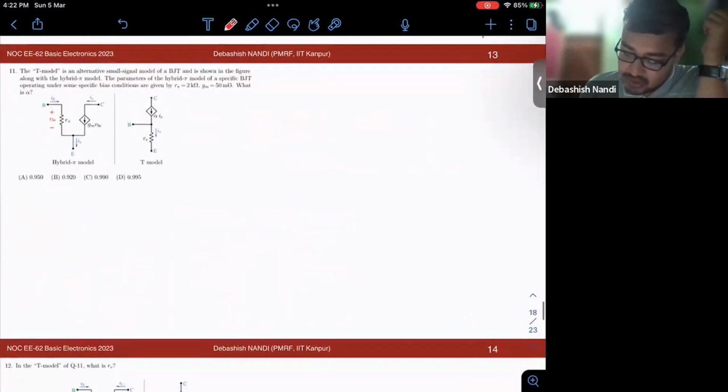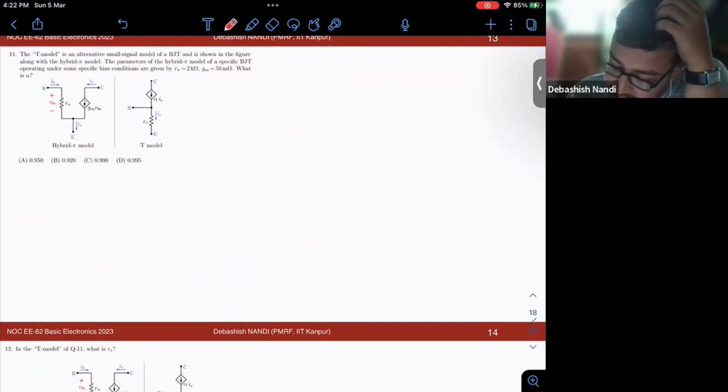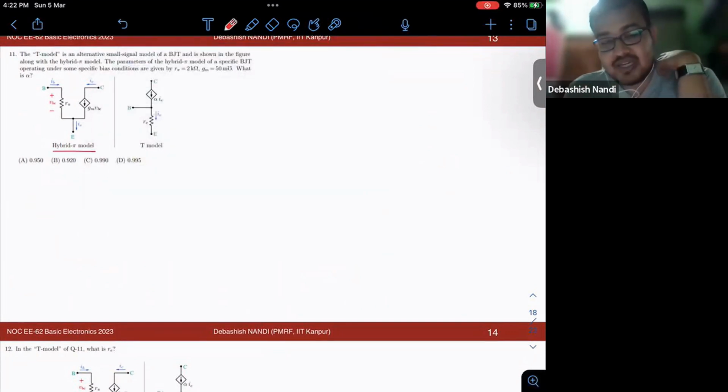So let's move on to the next problem. Okay, this is a new question. The T model is an alternative small signal model of a BJT, and it is shown in the figure, along with the hybrid pi model. I have forgotten to mention that this model, whatever we have been discussing, is known as the hybrid pi model, right?